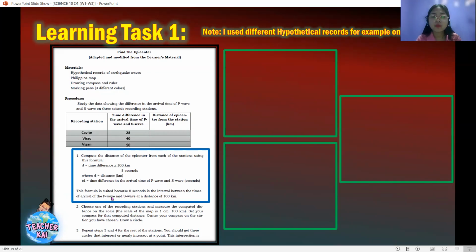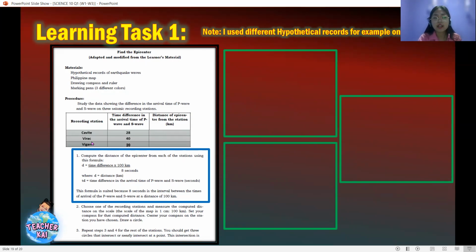Okay, so this formula is suited because 8 seconds is the interval between the times of arrival of the P wave and S wave at a distance of 100 kilometers. So ang gagamitin natin na formula is this. D is equal to TD times 100 kilometers divided by 8 seconds.